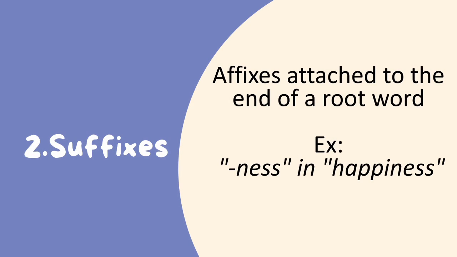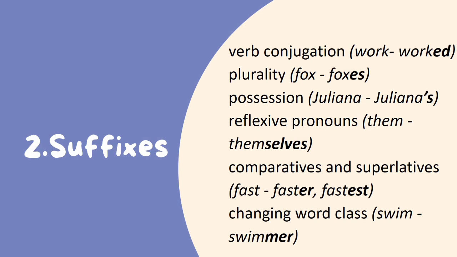The next is suffixes. These are affixes attached to the end of a root word. For example, the suffix ness in the word happiness. Suffixes are mainly used for grammar purposes such as verb conjugation, as in work, worked.